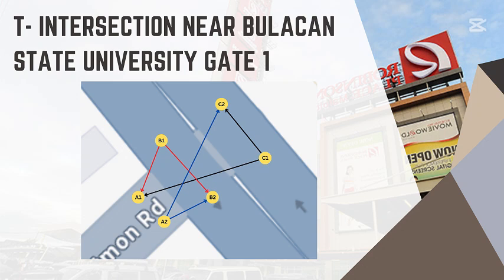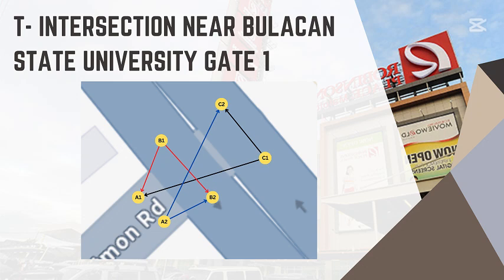Despite traffic pacing, congestion occurs because of bottlenecks, parts of the network where flow capacity is lower than the demand. Using the maximum flow algorithm, we found that the main bottleneck edges are E2 to C2 and C1 to A1. These road segments have limited capacity compared to the volume of vehicles trying to pass, especially from the student-heavy routes like Katmon Road.